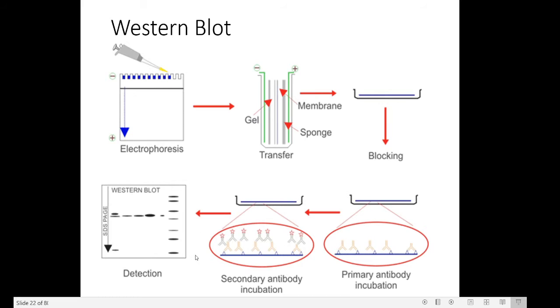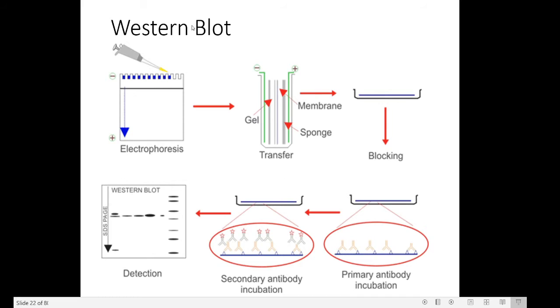If there is interaction, it gives a band in the image, a membrane color change. We can understand the antigen-antibody interaction through the Western blotting membrane.